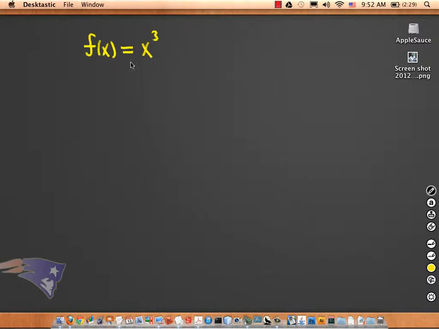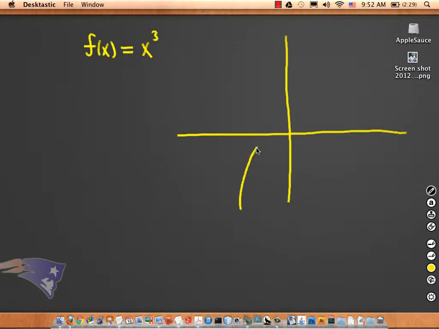What does x cubed look like? Kind of looks like this, right? Okay, so this part right here where my cursor is, if you can see my cursor, we would call that what?